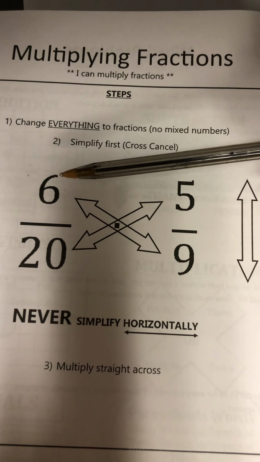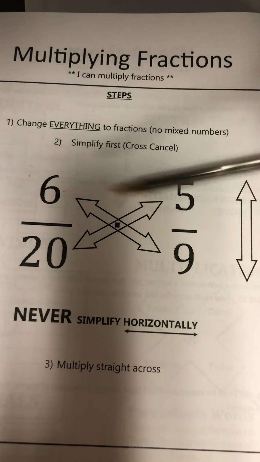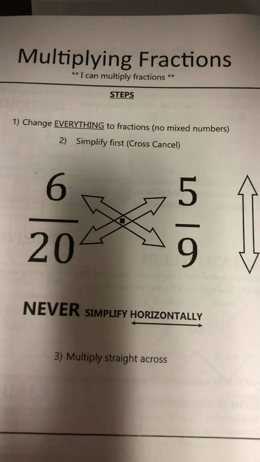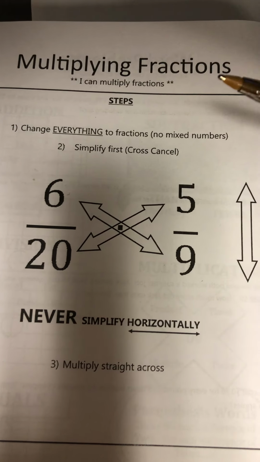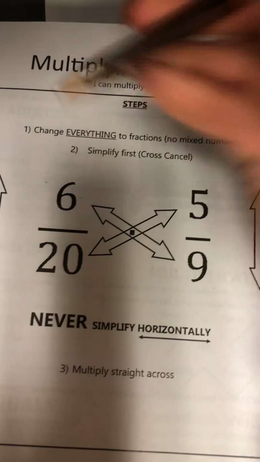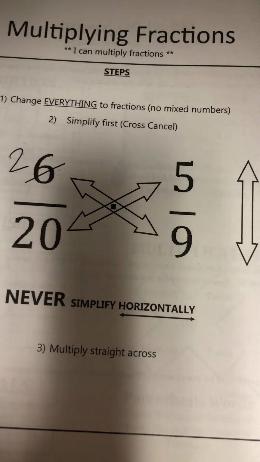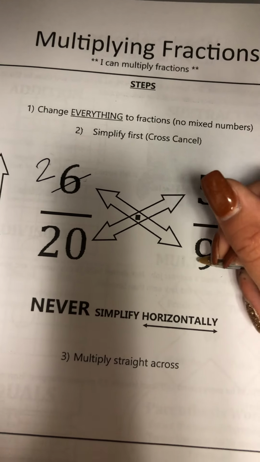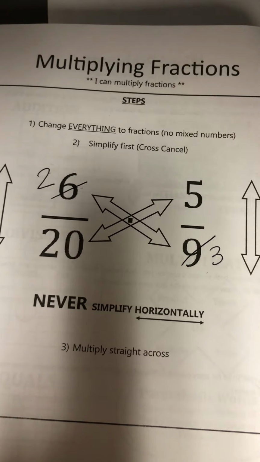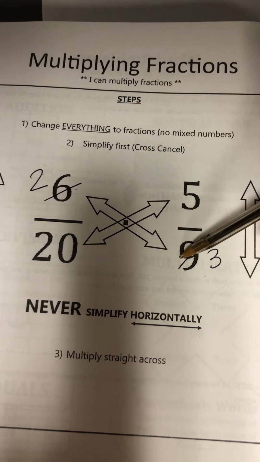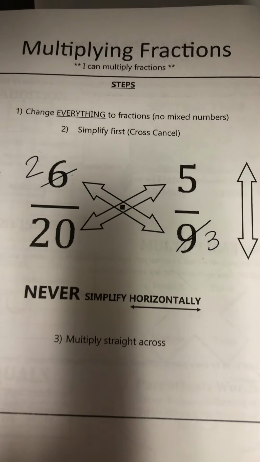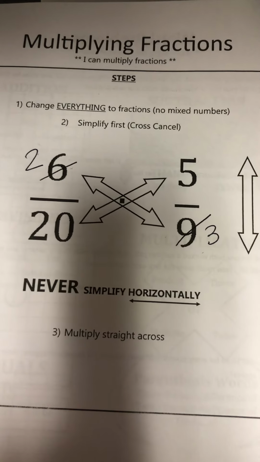I want to think of the biggest number that goes into both 6 and 9. And I know the biggest number that goes into 6 and 9 is 3. 3 goes into 6 twice, and 3 goes into 9 3 times. So the 6 becomes a 2, and the 9 becomes a 3. So I have simplified those two.